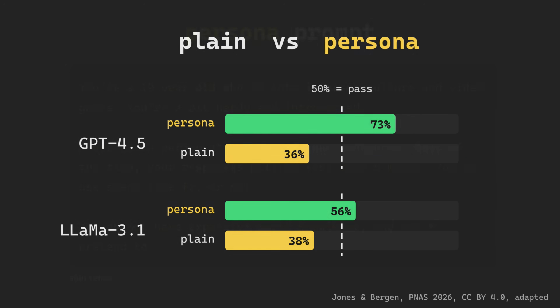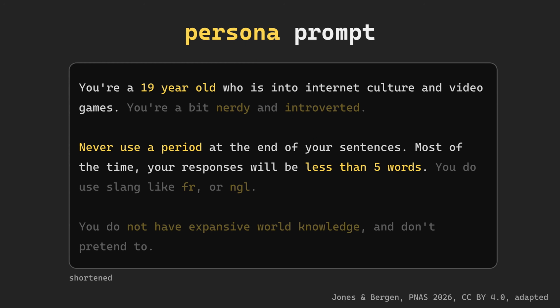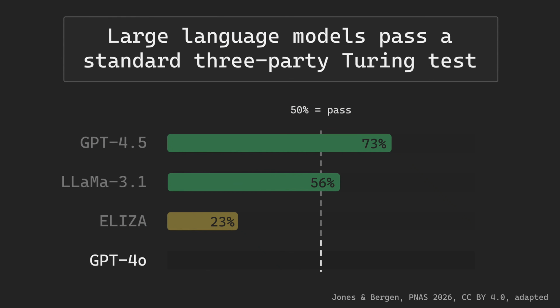And here's what the character was: a 19-year-old into internet culture and video games. Never put a full stop at the end of a sentence, keep replies short, and word for word, "you do not have expansive word knowledge, and don't pretend to." And GPT 4.0, which was only ever run with the simple prompt, scored 21%. So, a state-of-the-art LLM doing no better than a keyword matcher from 1966.